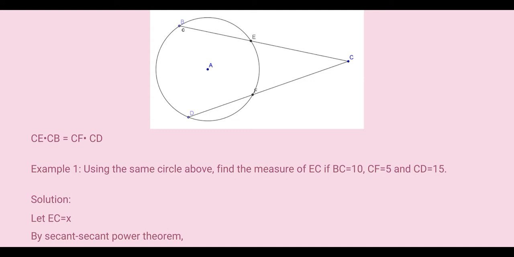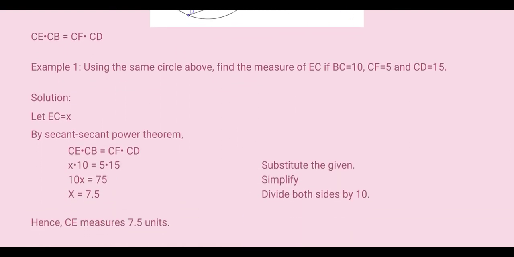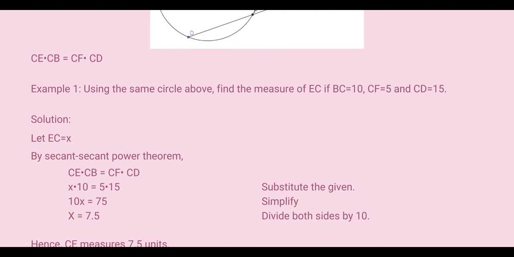So the solution is, since we are looking for EC, we let the measure of EC be equal to X. Then by secant power theorem, we will use the relationship that the product of CE and CB is equal to the product of CF and CD. Tandaan natin na yung CE ay external secant segment at yung CB ay total secant segment.